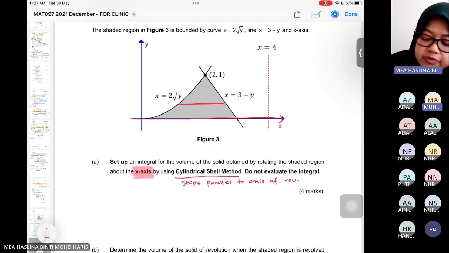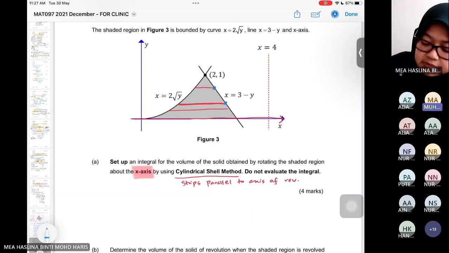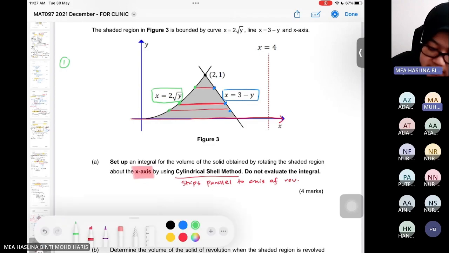Only one region. Wherever you put the strips, it's going to be the same right and left boundary. Right belongs to the line and left belongs to the curve.